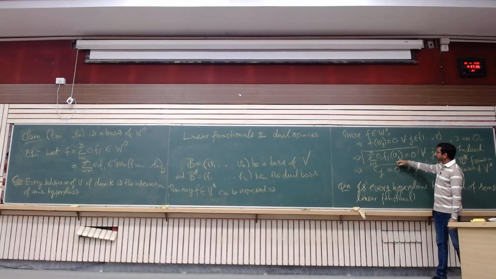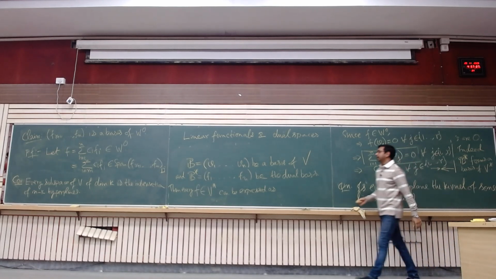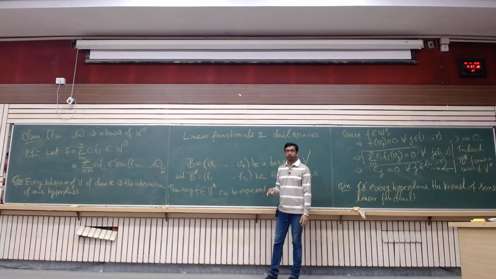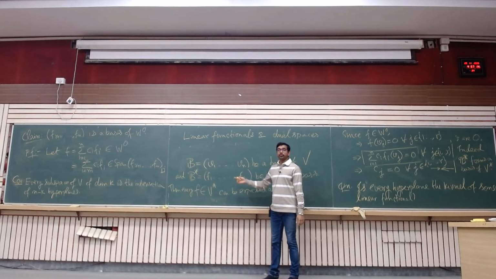We know that every f in V dual can be expressed as a linear combination of this. But we also know the coefficients, if this is a basis and if it is a dual basis.